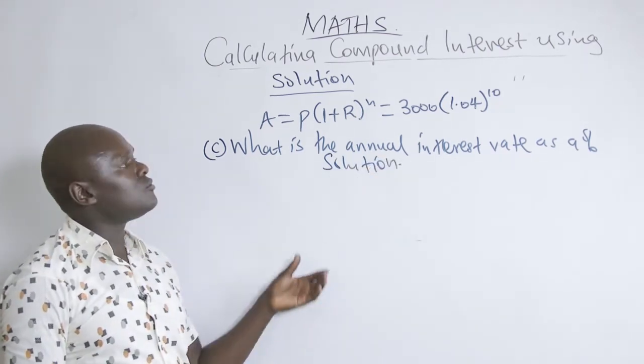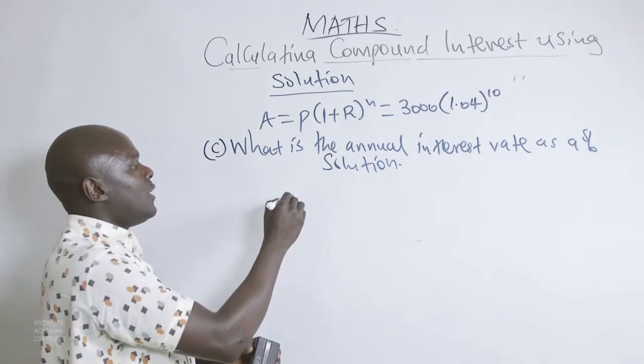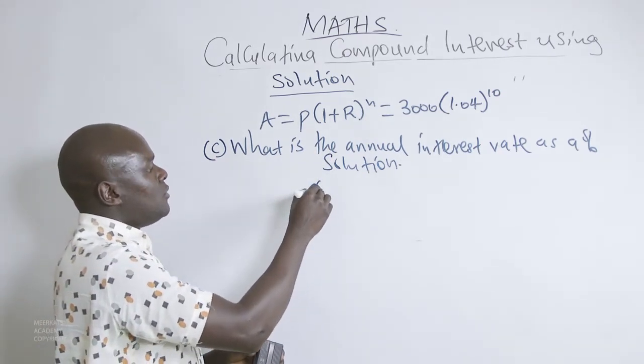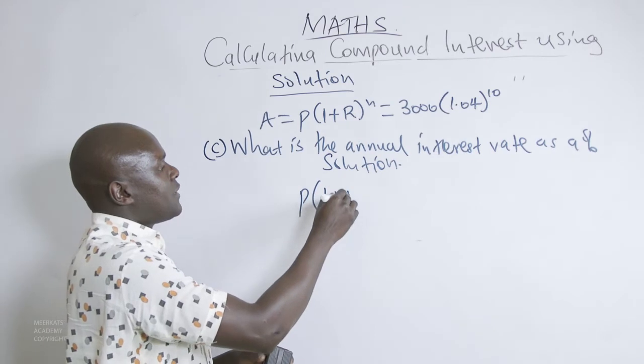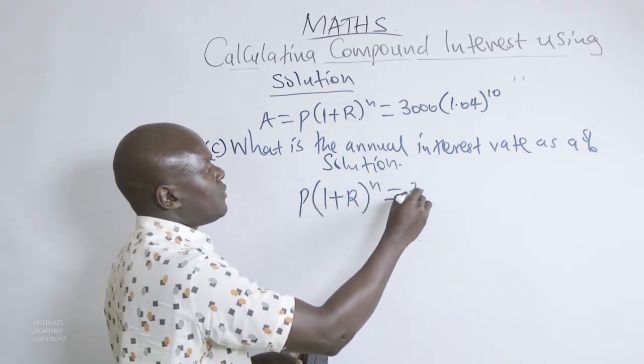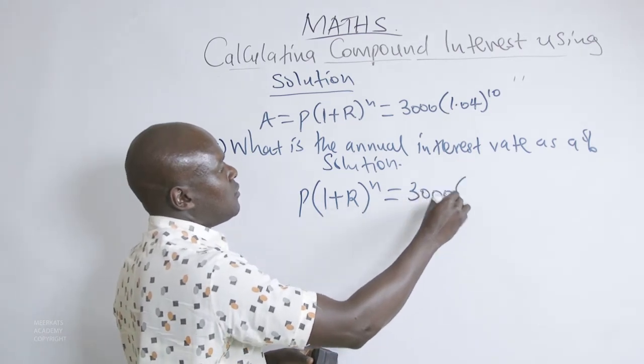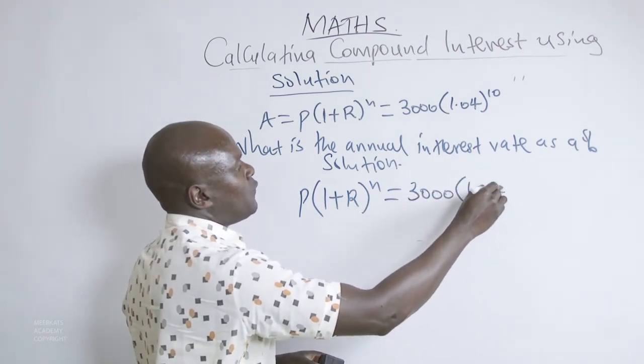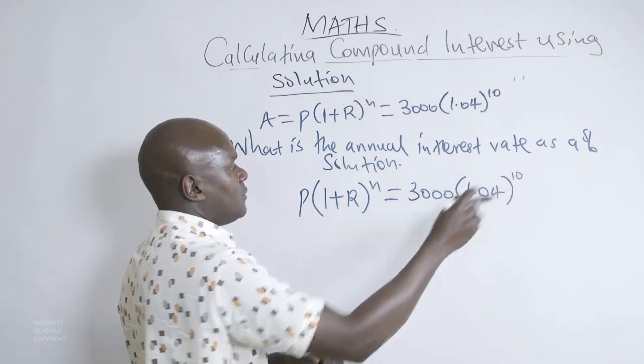Still, we go back to the equation where we have the principal into the brackets 1 plus the rate raised to power n should be equal to 3,000 into 1.04 raised to power 10.